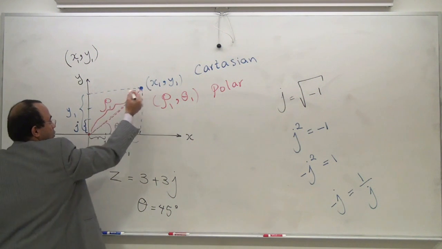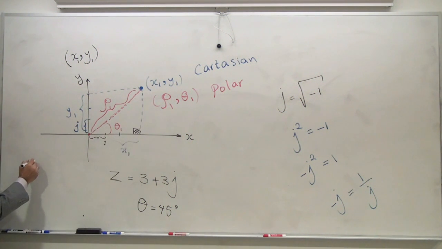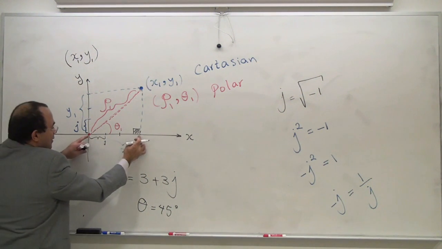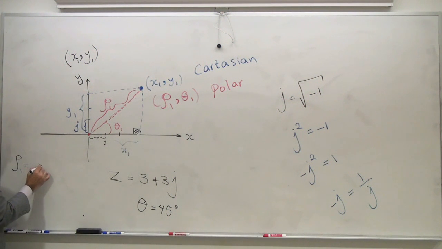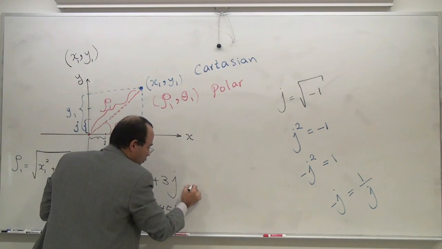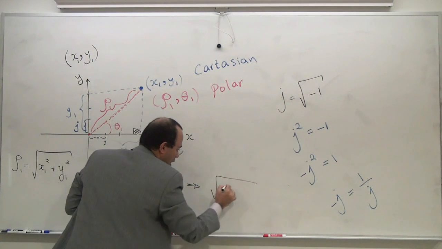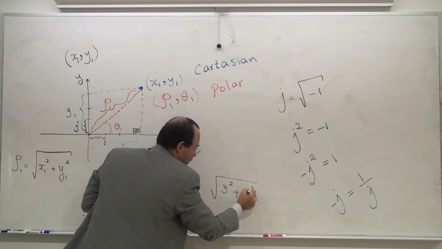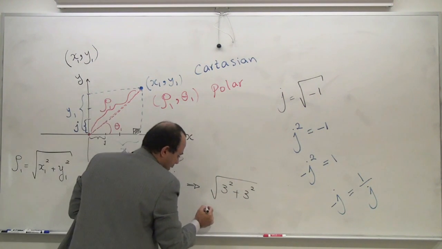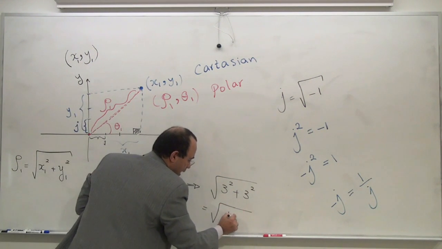Now, you can use one of the famous equations to find rho 1. Rho 1 is equal to this length to the power of 2 plus this length to the power of 2. So it's going to be x1 to the power of 2 plus y1 to the power of 2, and all you have to do is take the square root of this. So in this case, what do I get? It's going to be the square root of 3 to the power of 2 plus 3 to the power of 2, which is 9 and 9, 18.